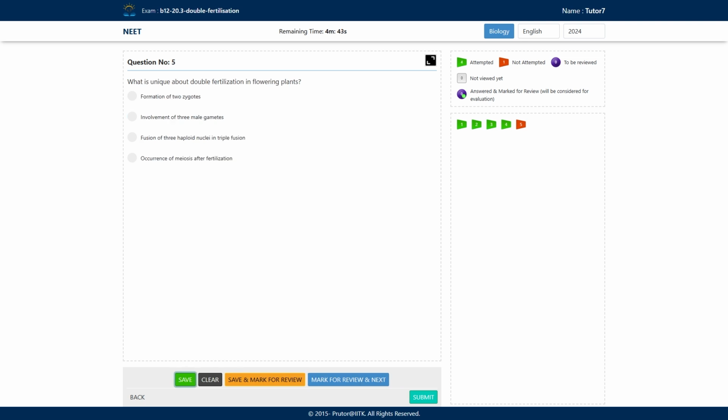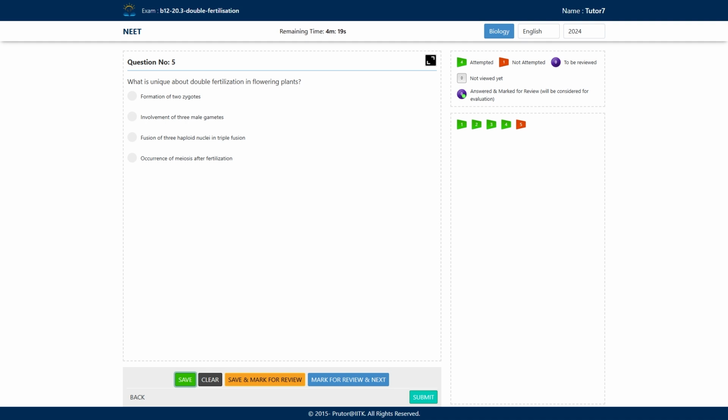What is unique about double fertilization in flowering plants? They are asking for the unique feature. A, formation of two zygotes. B, involvement of three male gametes. C, fusion of three haploid nuclei in a triple fusion. And D, occurrence of meiosis after fertilization. So, which is the correct answer?